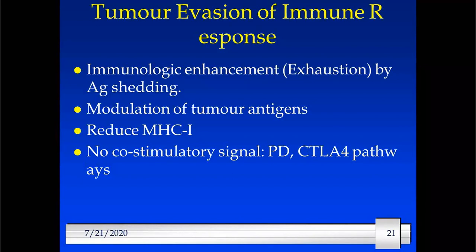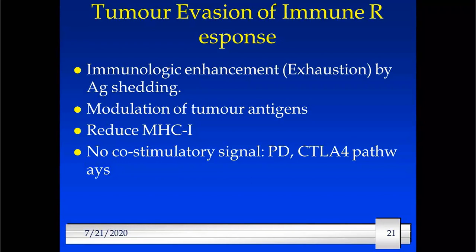This is one mechanism. Another mechanism is modulation of the tumor antigens. Some tumors modulate their antigens and change them, and this change will lead to misleading of the immune cells. Another mechanism is that some tumors reduce or underexpress MHC class 1.